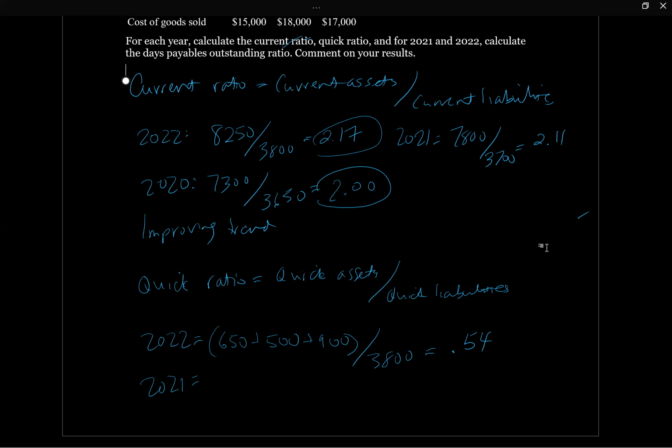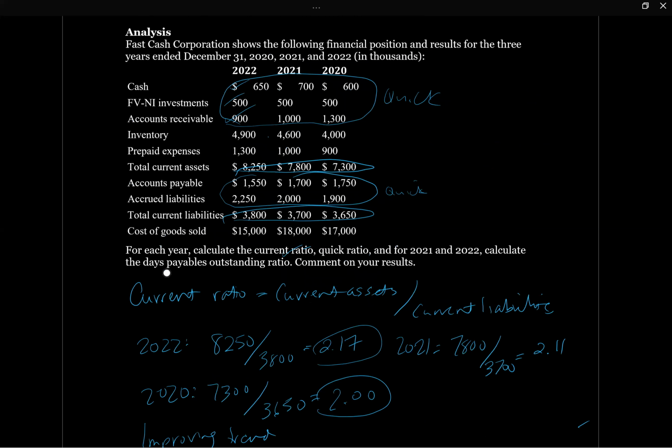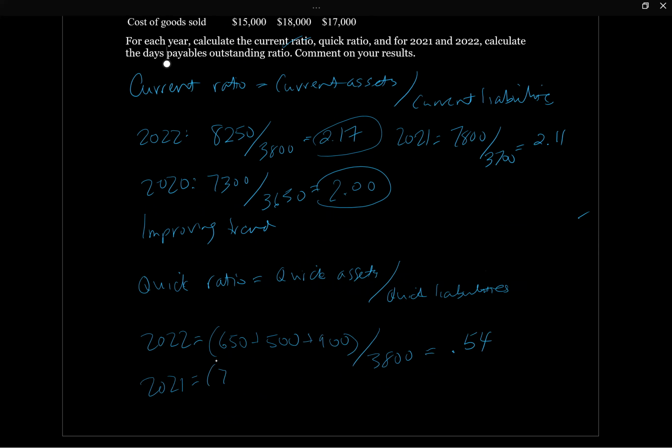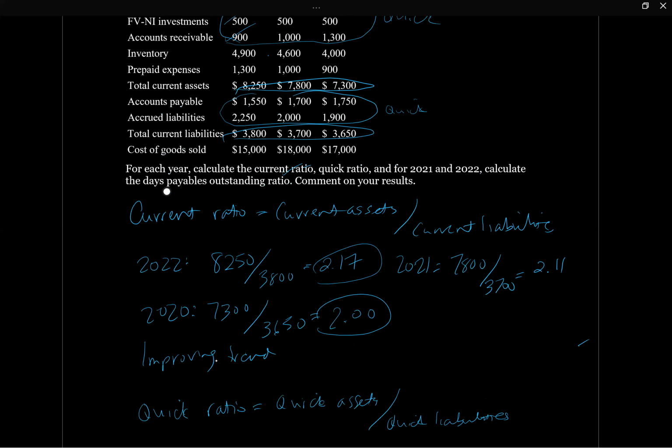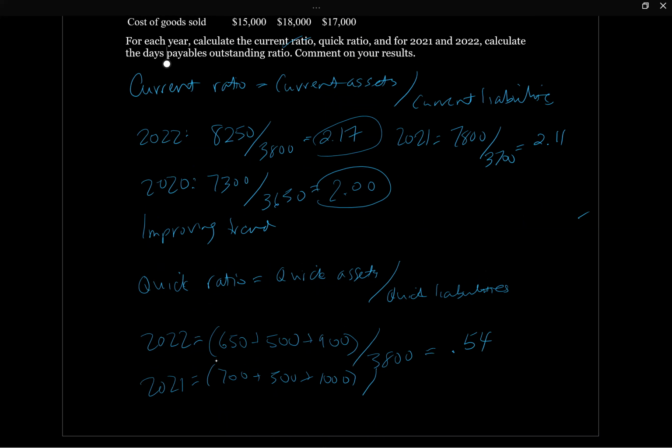2021 is going to be 700 plus 500 plus 1,000 divided by our current liabilities, which are here 3,700. That's going to give us 0.59.